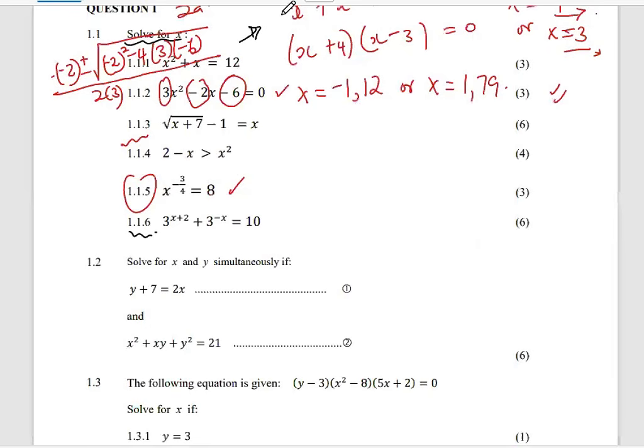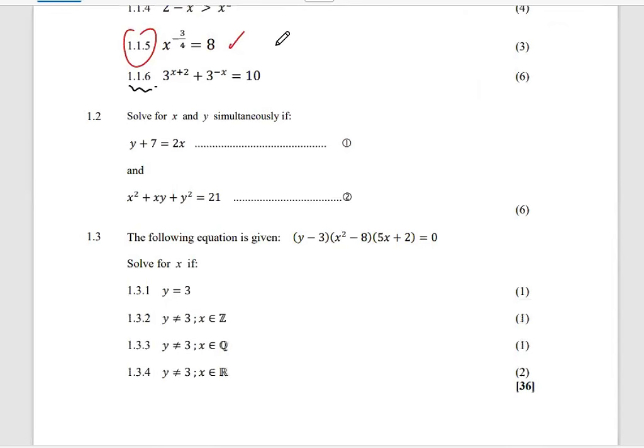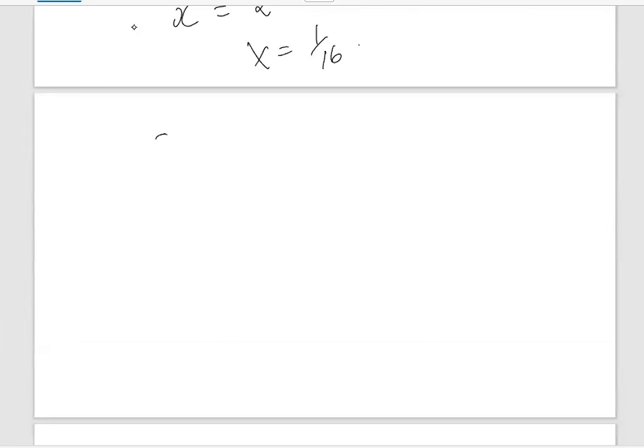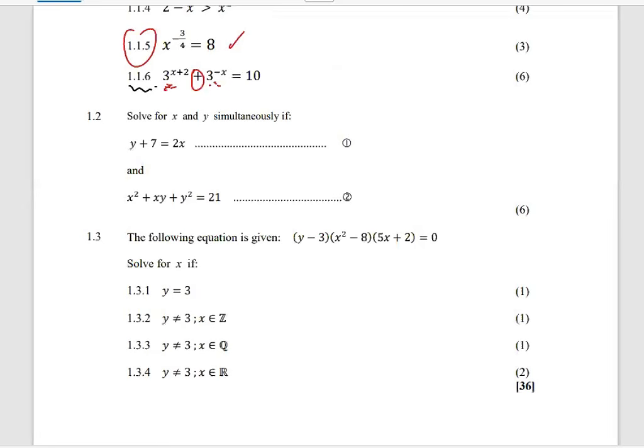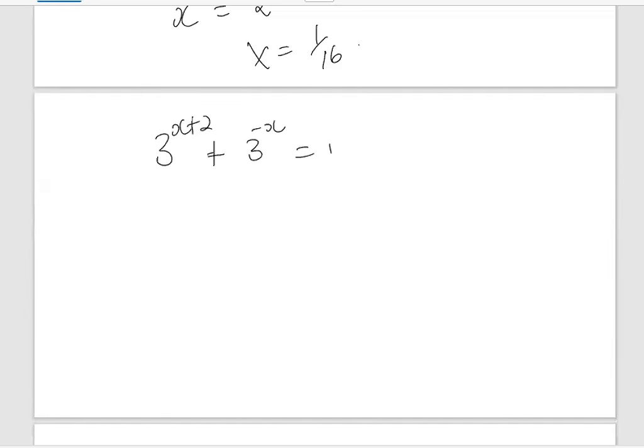All right. And then 1.1.6, we have some exponents, okay, but there's a plus sign in between them, meaning that we need to apply either the K method or we're going to do the factorization. So how is this going to look like? So we have 3 to the x plus 2 plus 3 to the negative x, okay, should give us a 10.